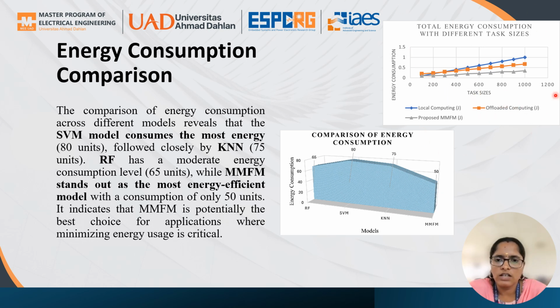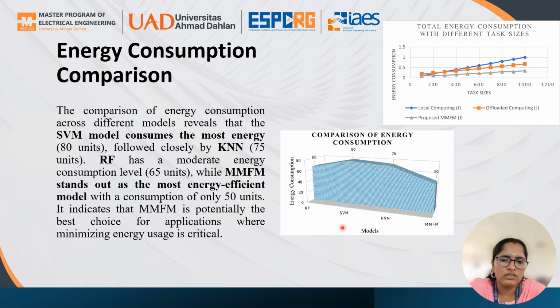In this graph I mentioned task sizes of 200, 400, 600, and the energy consumption which I got compared to the without offloading and offloading methods, the local computing and offloading computing, and also I compared with the proposed model. In this comparison the proposed model is much lesser when compared to the other two. So this is for energy consumption.